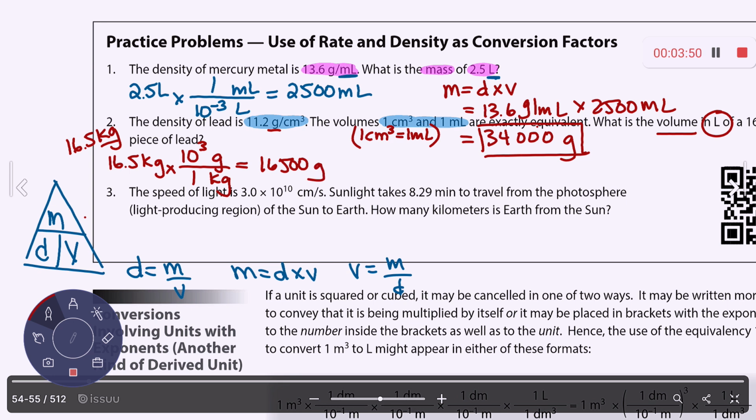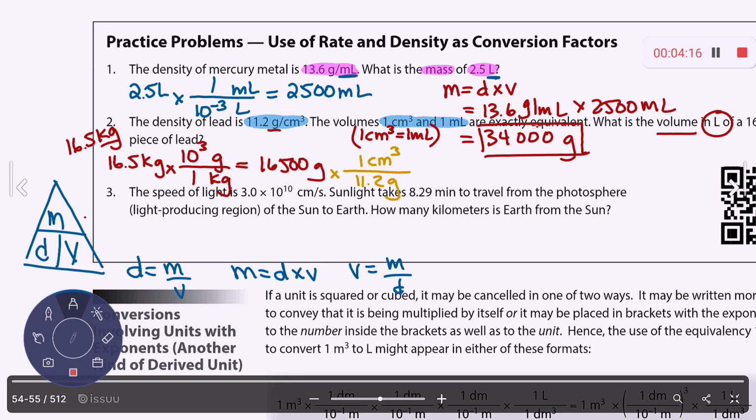Okay. And then the density of lead, if it is in grams per centimeter cubed, and they want my volume in liters, we can use the density to cancel grams to get to centimeters cubed, and then we can take it from there. So that means 11.2 grams, and then 1 centimeter cubed would be here.